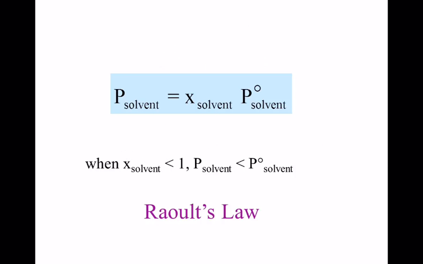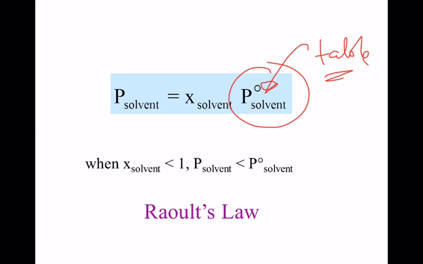So with that in mind, we come up with Raoult's law, which, like I said, is an easy one. It says that the equilibrium vapor pressure of your solvent is equal to the mole fraction of your solvent times the equilibrium vapor pressure of your solvent in its pure state. Let me reinforce this. This P naught right here, you usually get from a table. That is the equilibrium vapor pressure of the solvent if you didn't add anything to it, at a particular temperature, from a table or a graph.